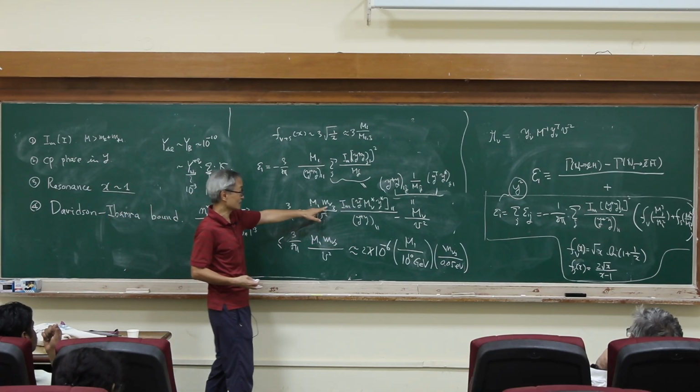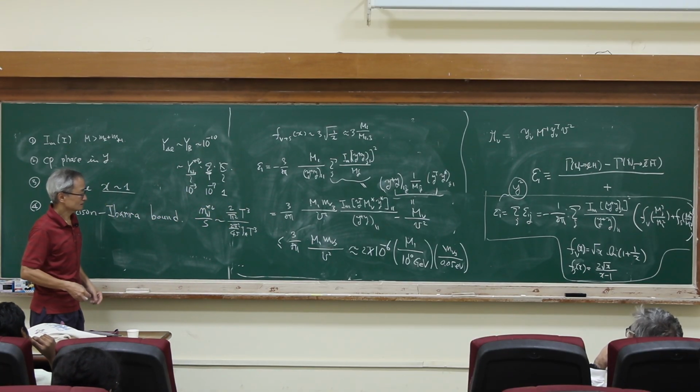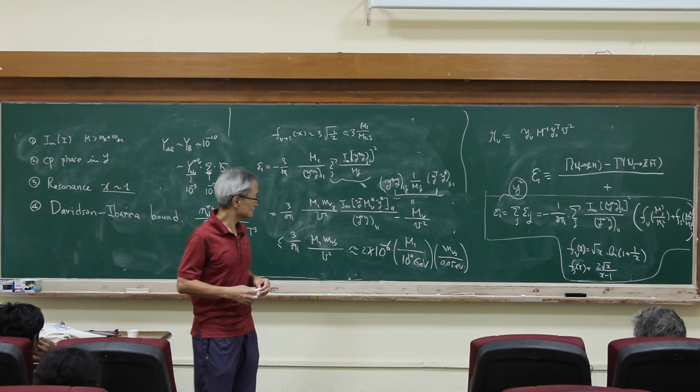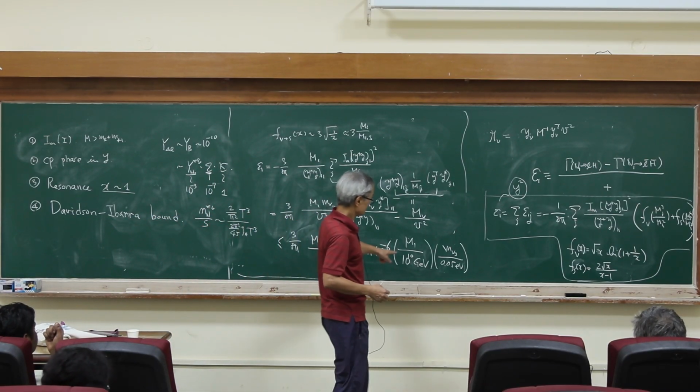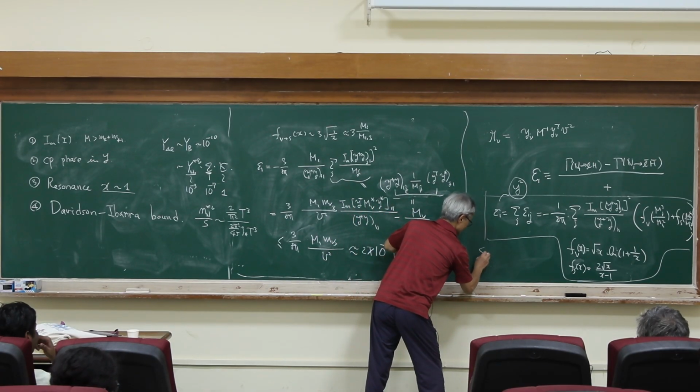So this assumes that m3 is larger than m2, m1. This is okay, so this is an assumption.